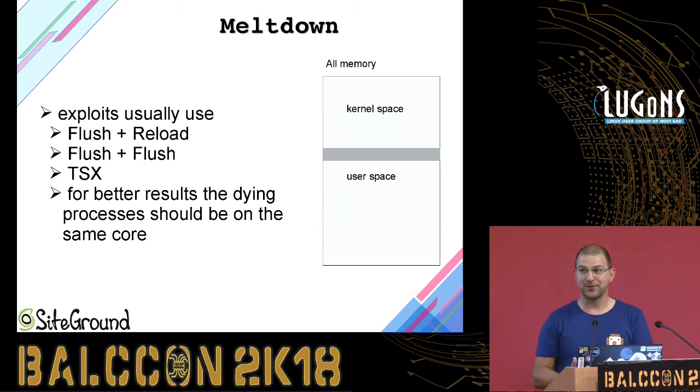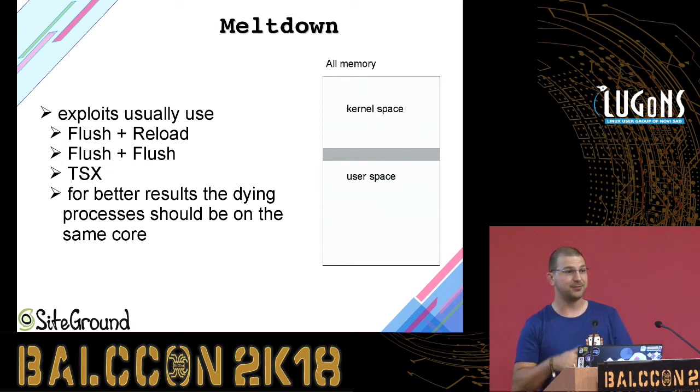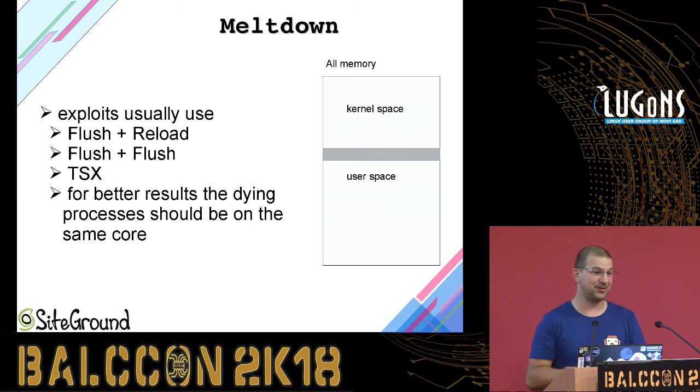If there is a process that is constantly spawning processes that die, there's something fishy here. And instead of splitting the kernel and user space memory, you can actually try to detect these events and protect your machine this way. However, this is not a perfect solution.